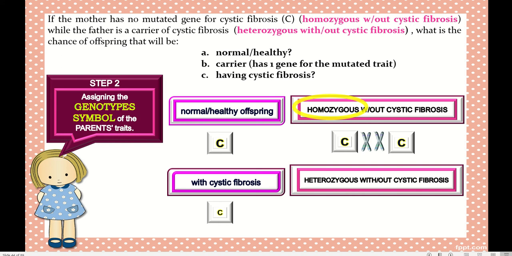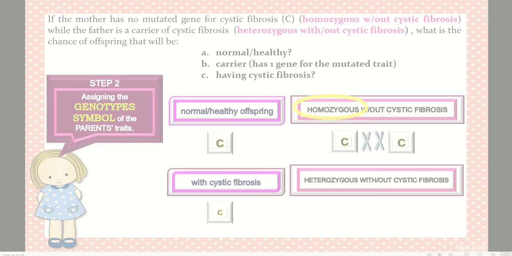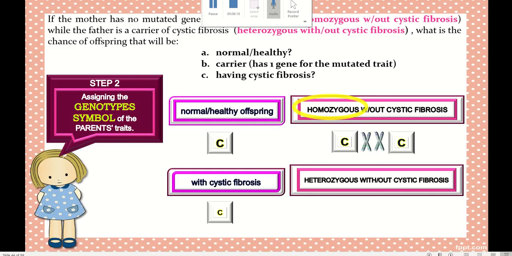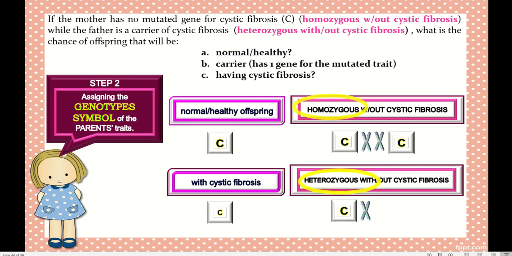Again, take note, the father is heterozygous, otherwise known as a carrier, so without cystic fibrosis, it's capital C and small c. Capital and small, hetero meaning different, heterozygous.